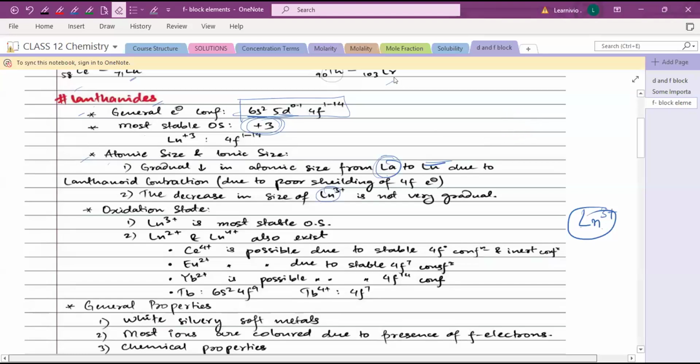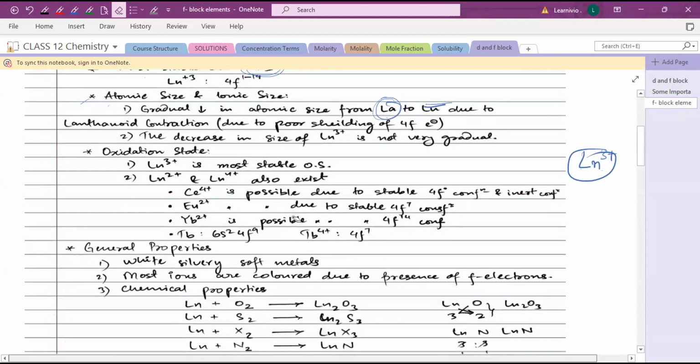But if the oxidation state is plus 3, for Pm also, promethium, it's again plus 3, so you will not see a gradual decrease. You will see some irregularities in this trend. Sometimes it will increase. So you will not see the gradual decrease in the plus 3 oxidation state. But in the neutral state, you will see the gradual decrease in atomic size due to the lanthanoid contraction.